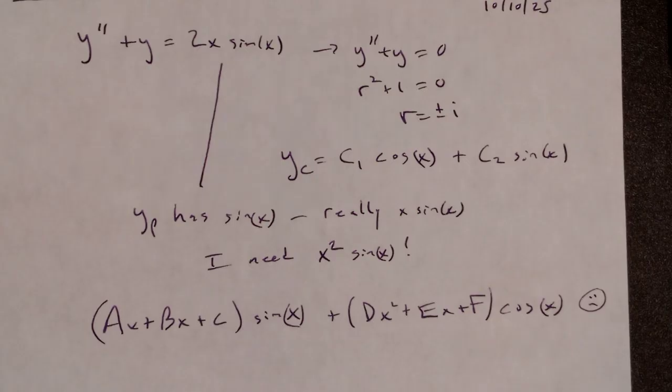Fortunately for me, this right-hand side is just something x sine x. All the other ones will be 0. So whatever x squared sine x coefficient I have, that's going to be equal to 0. Whatever cosine times x squared coefficient I have, that's going to be 0. A lot of these should just end up being 0.